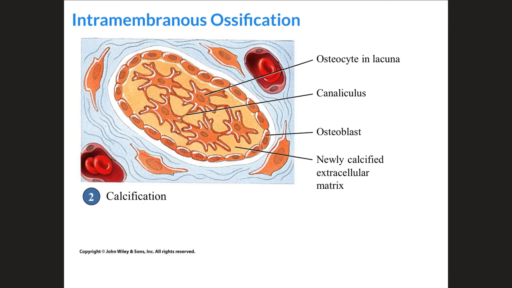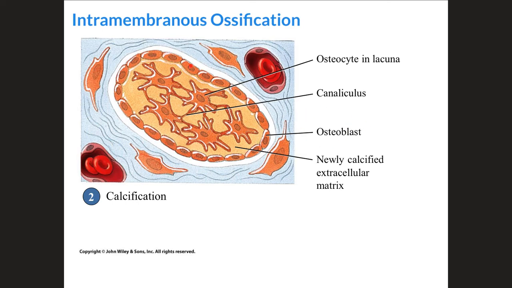The next thing that's going to occur in intramembranous ossification is calcification. Those osteogenic cells, which were the stem cells, are going to differentiate into osteoblasts.